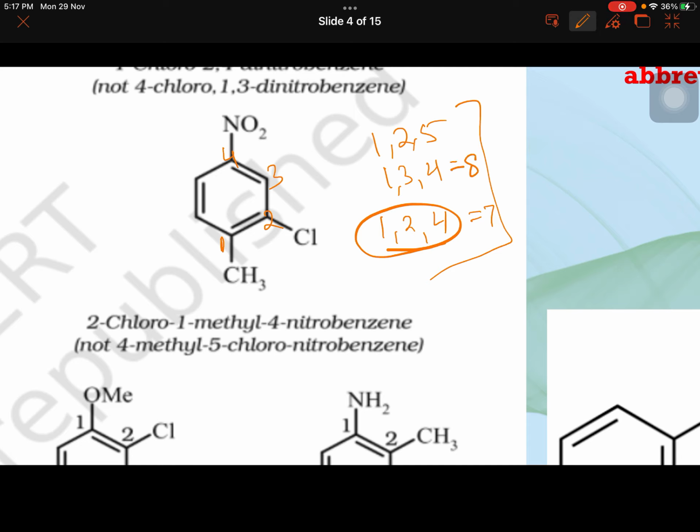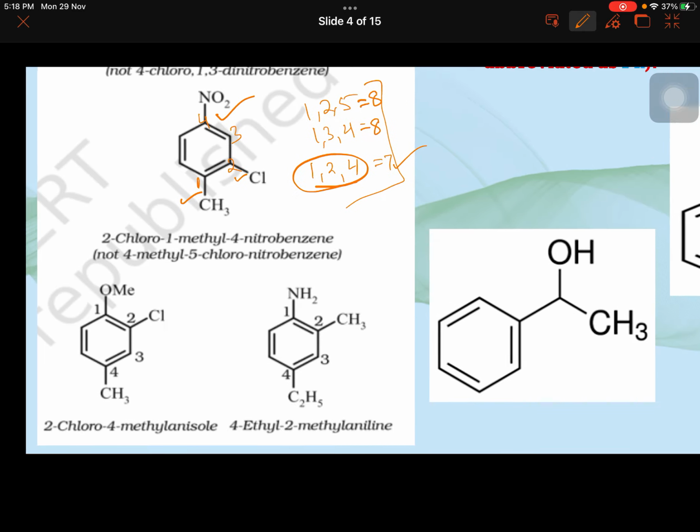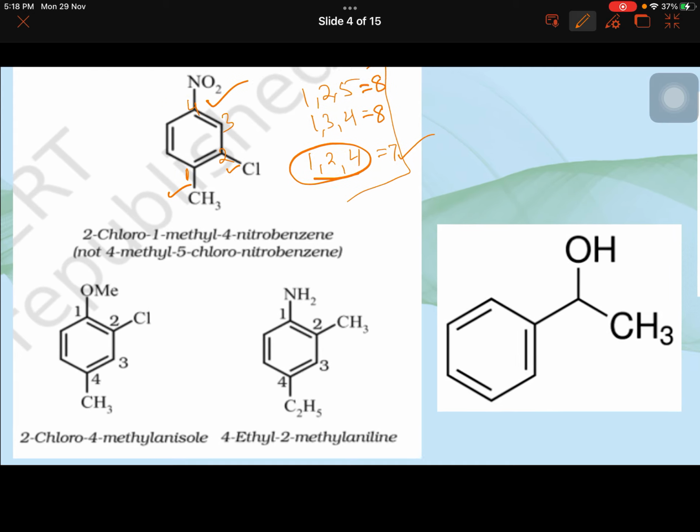It will be 8. It will also be 8. So I choose this. So the name is 2-chloro-1-methyl-4-nitrobenzene. I will not choose 4-methyl-5-chloro-nitrobenzene. Okay. The lowest sum rule. This is how you name them. I hope you are getting it now.